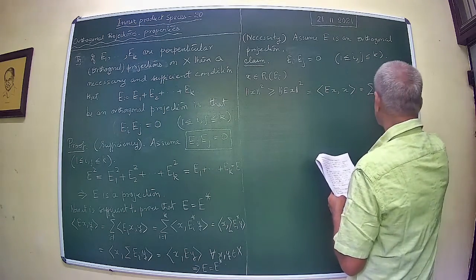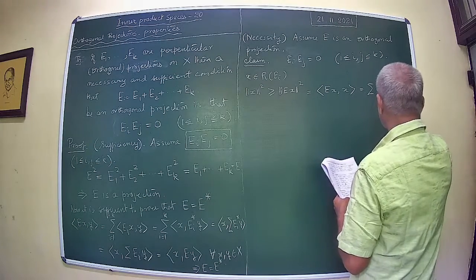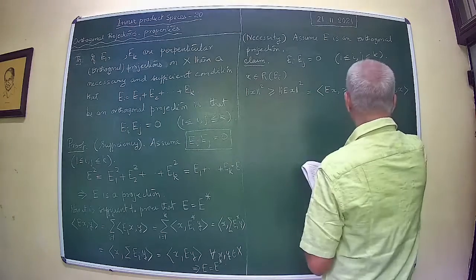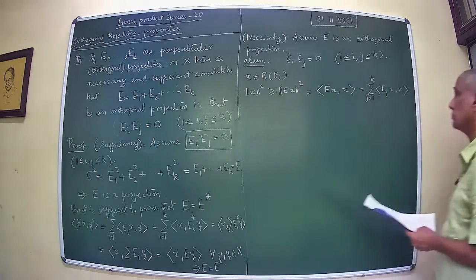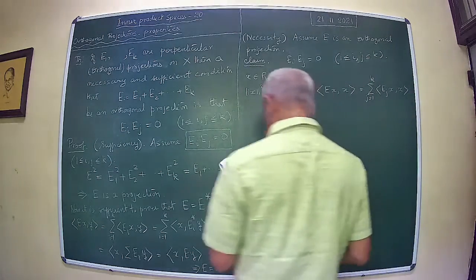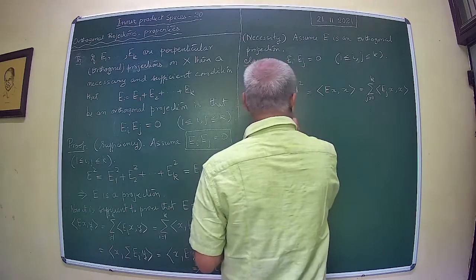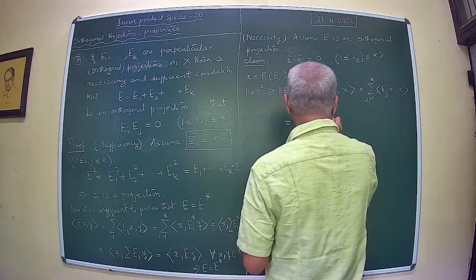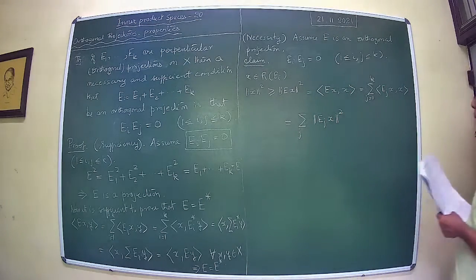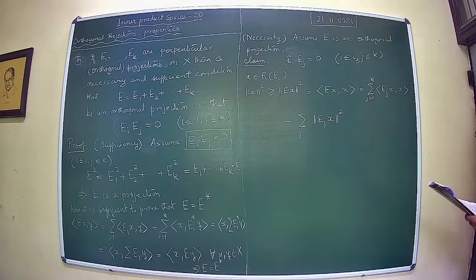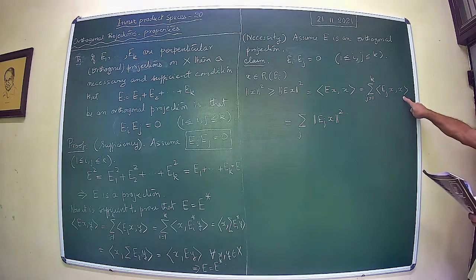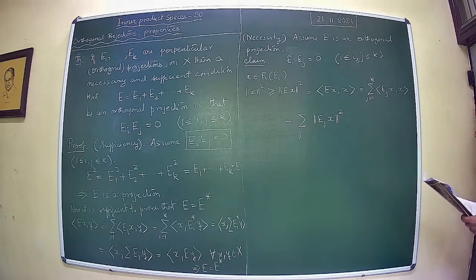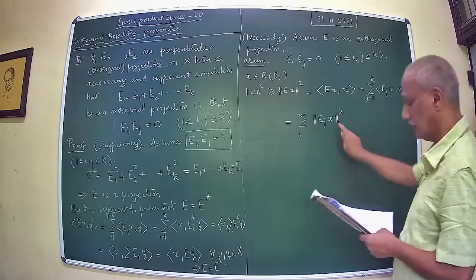and if you expand this, then you see that this is equal to sigma of norm of Ej x square, and that's equal to, that is inner product of Ej x, x. I can write Ej square x, etc., and then I can use the orthogonality of the projection Ej, and from that I get this result.